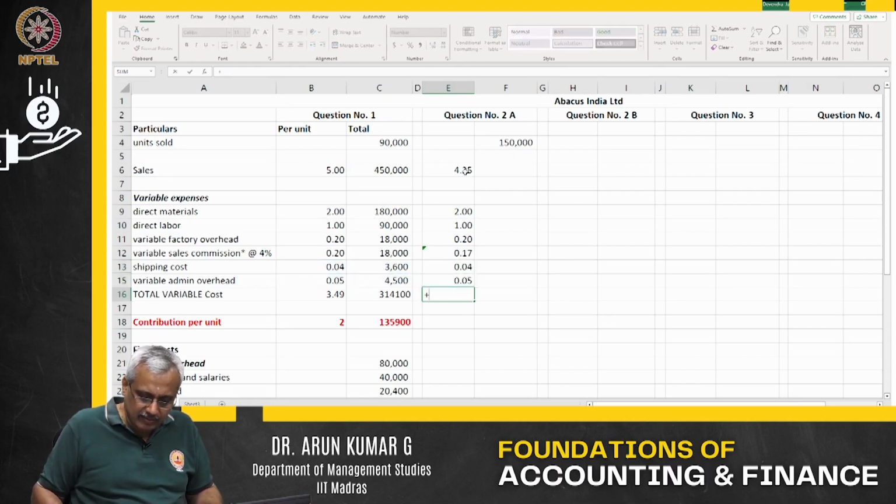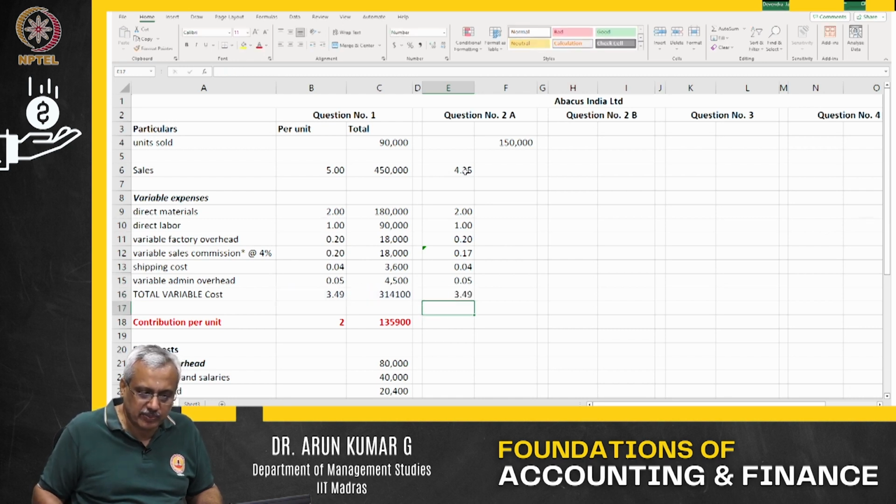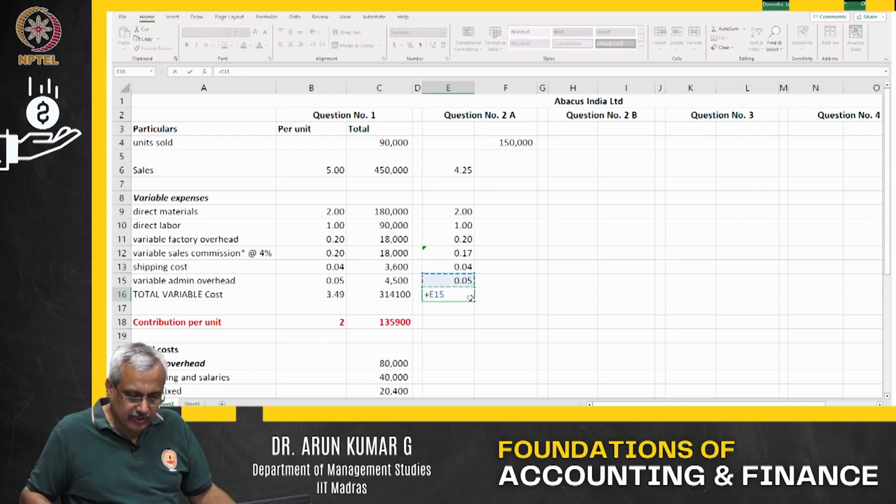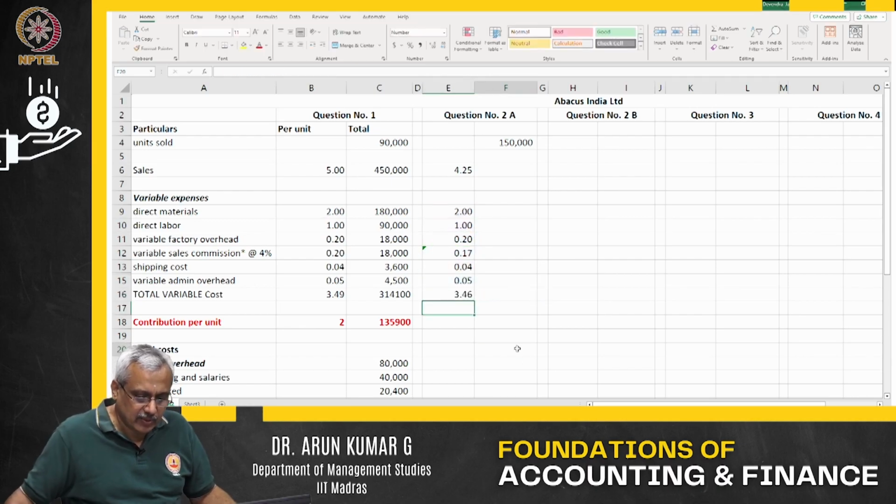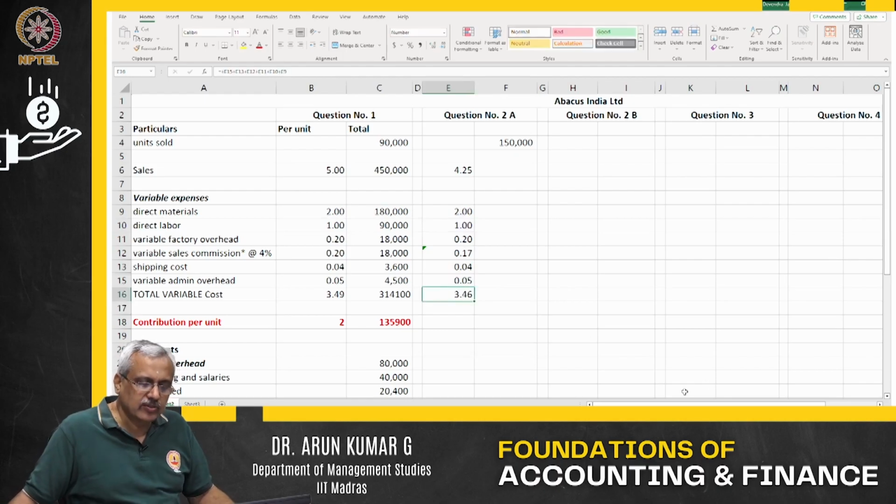What is going to happen? My total variable cost is going to be, basically I am just doing this calculation out here. My total variable cost is going to be 3.46 is what I see here.